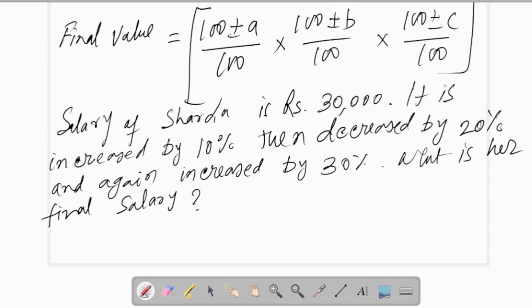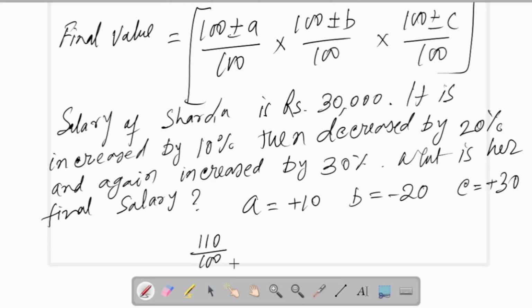It is as simple as that. A is equal to increase, so I will take plus 10. B is equal to decrease 20%, so I will take minus 20. And C is simultaneously again increased by 30%, so I will take plus 30. So in the formula, if I put the value, I will get 110 divided by 100.